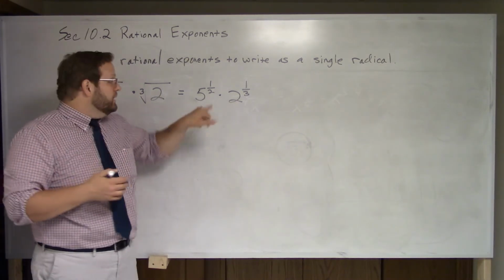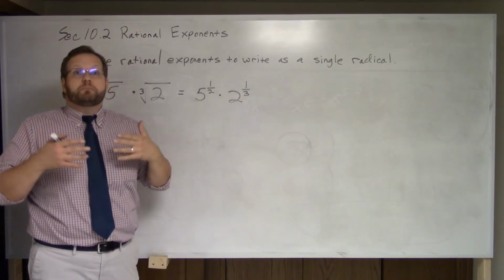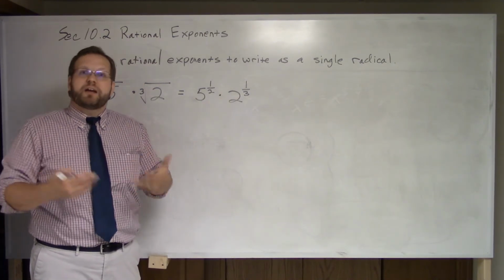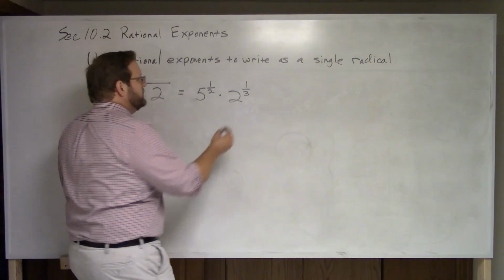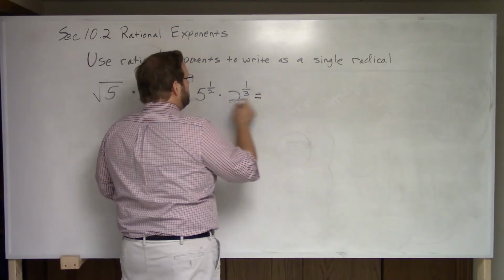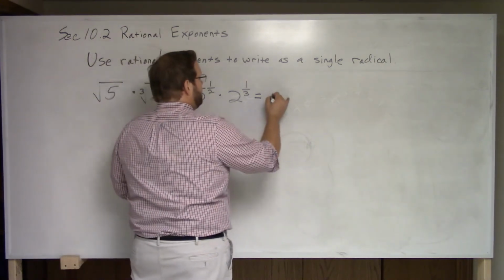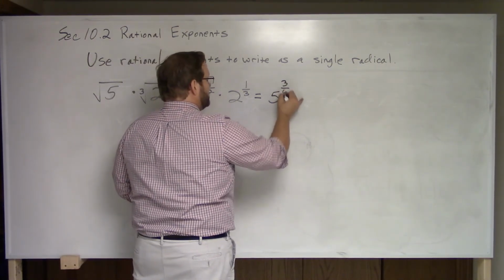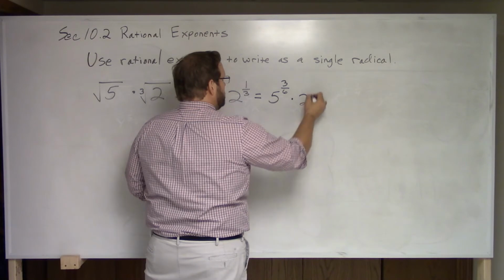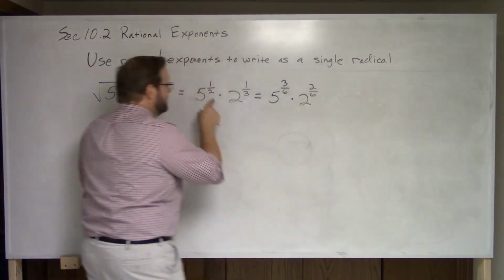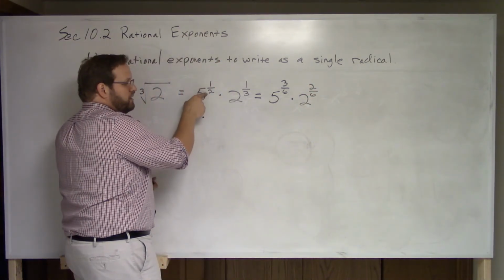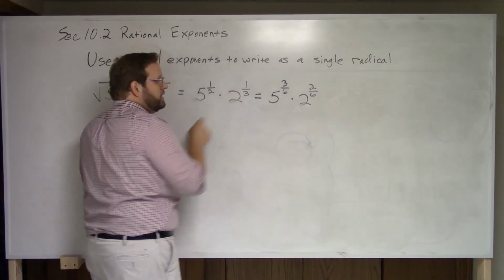But we now can manipulate these fractions because they're fractions. We can use fraction rules. So what I'm going to do is I am going to convert both of these to have a denominator of 6. So I have a 5 to the 3/6 times 2 to the 2/6. Multiply top and bottom by 3 here, top and bottom by 2 here.